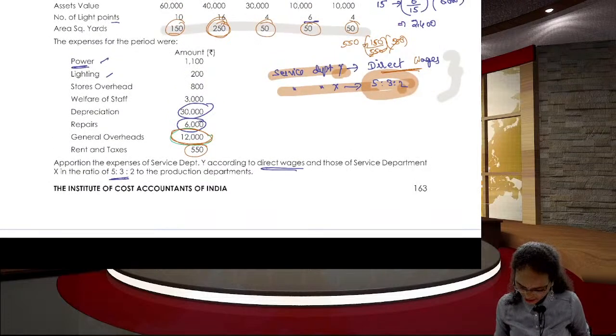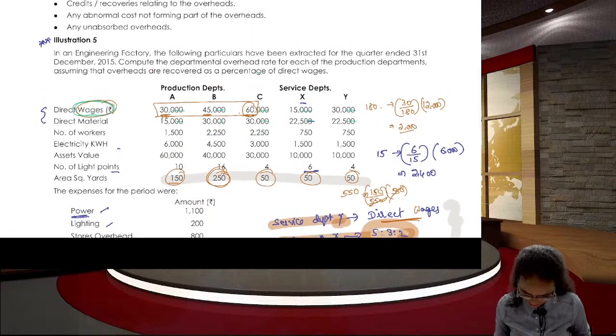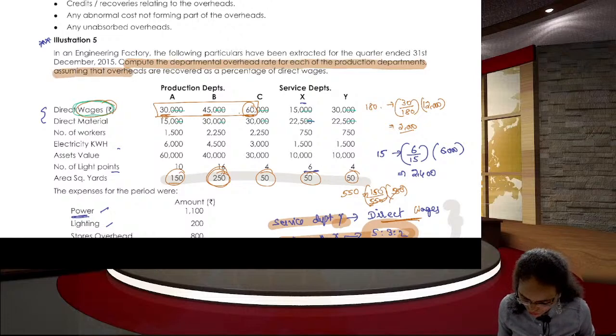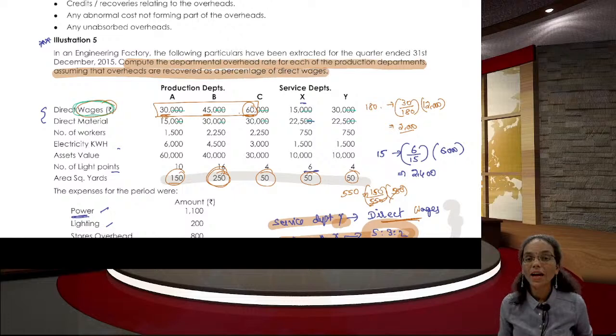What is the question again? See, compute the departmental overhead rate for each of the production departments. Yes, we have found the departmental overhead rate. Right, done. Assuming that overheads are recovered as a percentage of the direct wages.